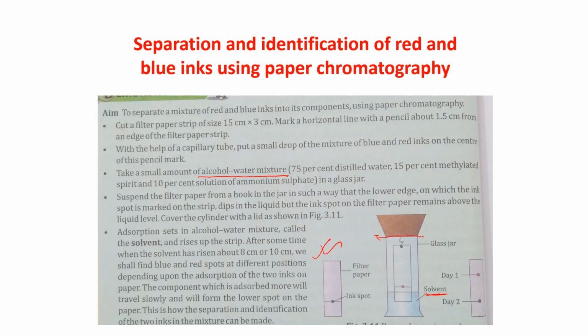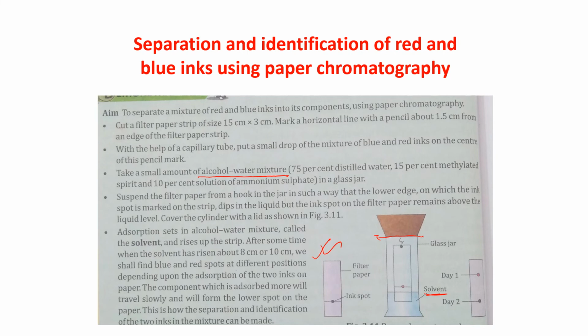Hang it in that way so that the ink drop should not touch the solvent. But the lower portion of the filter paper should dip into the solvent. But that ink drop will not touch the solvent. Now after some time, the filter paper will soak the liquid.